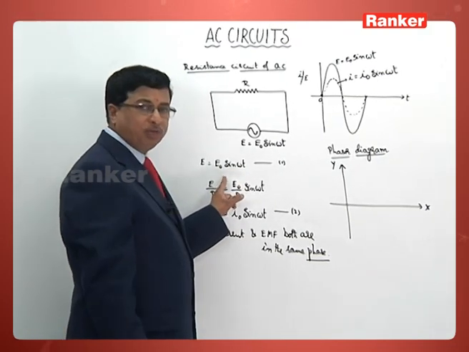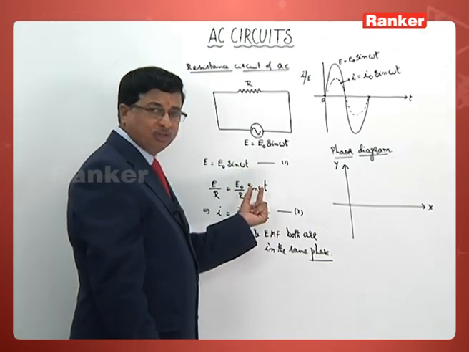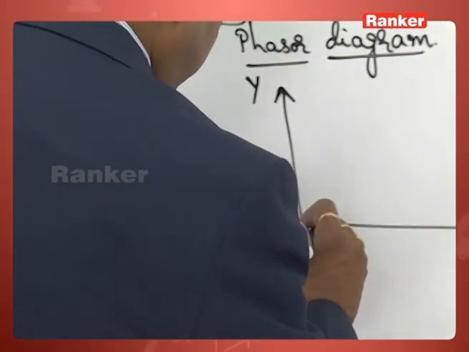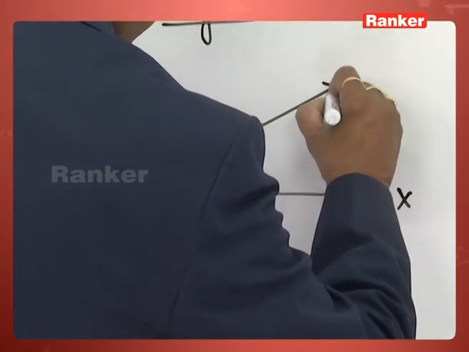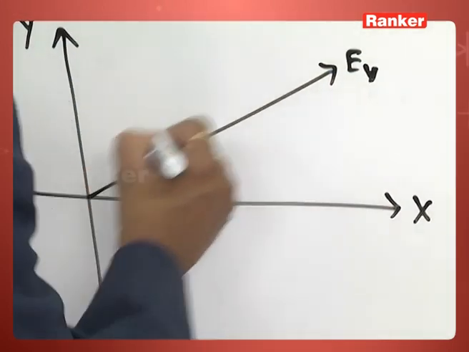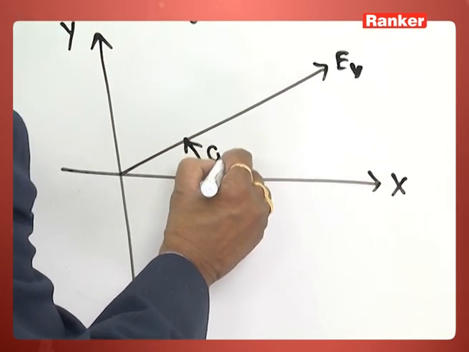E is equal to E naught sine omega t. The phase in this equation is omega t. So, I now can write that value of E, virtual value, is going to be like this, and this angle is going to be omega t.